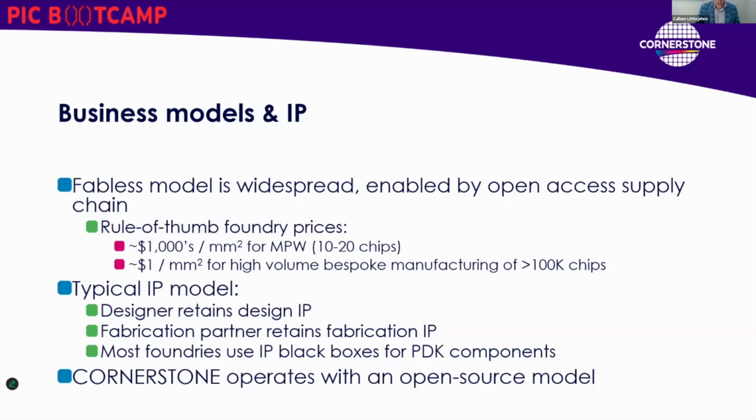And a typical IP approach is that you as a designer retain your design IP, and the manufacturing or packaging partners retain their manufacturing IP. It's worth pointing out that most foundries and packaging houses will have their components in IP black boxes, so you're likely to require a license agreement to access the IP in their building blocks.